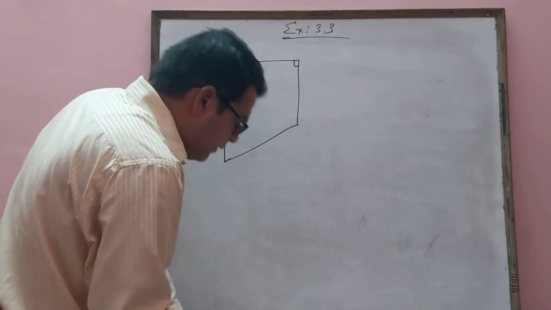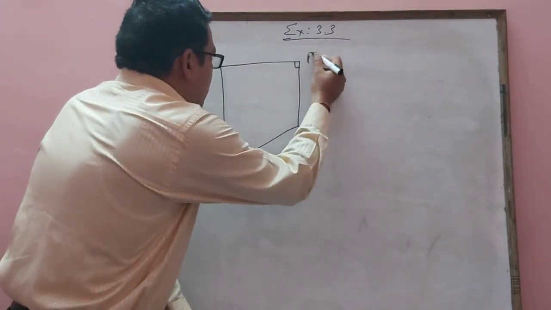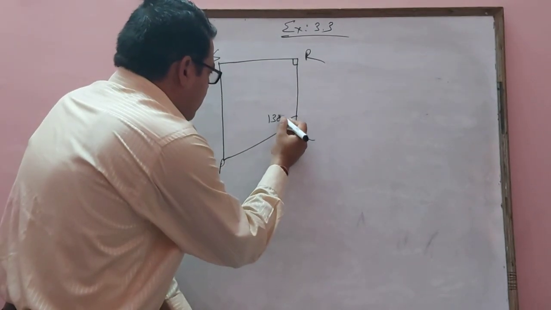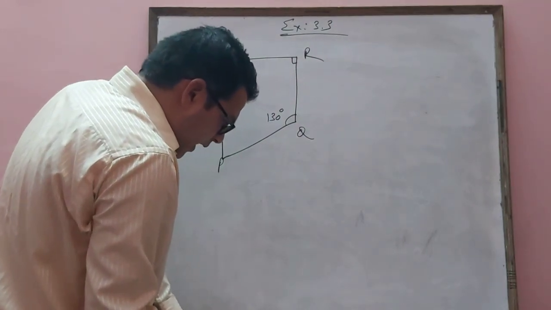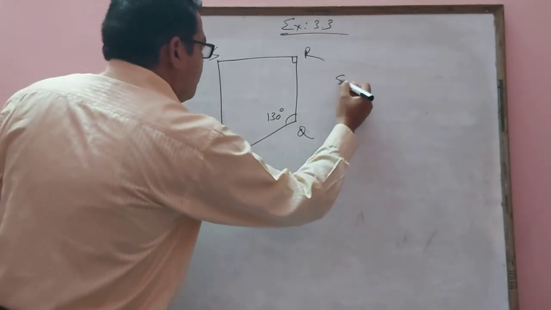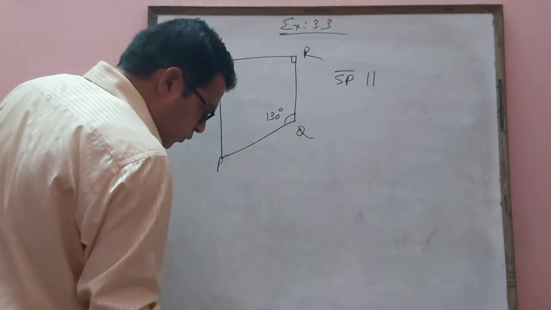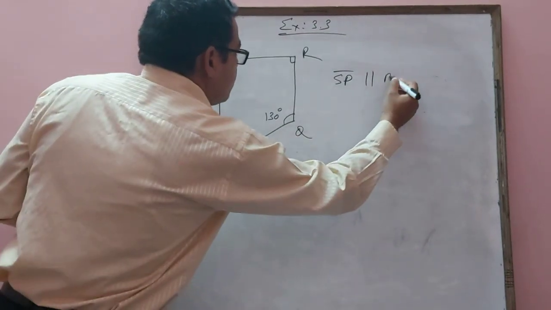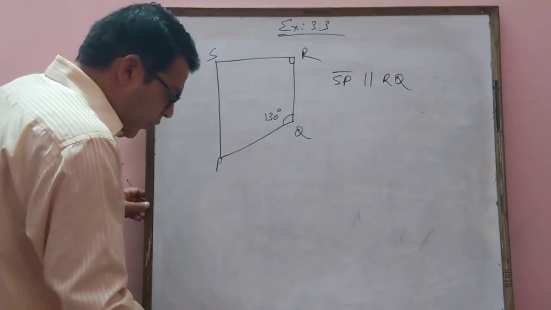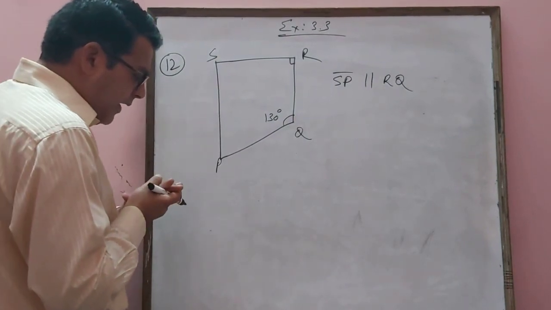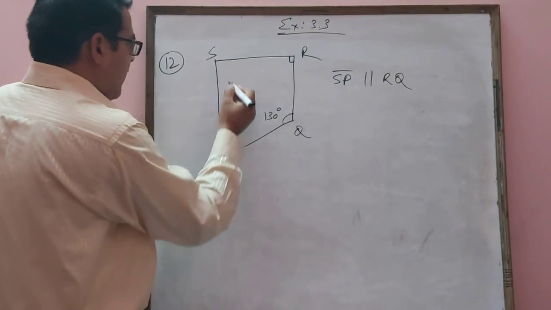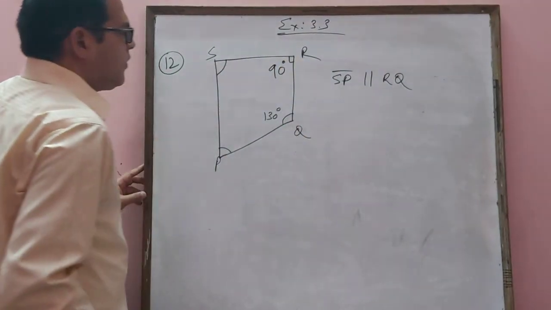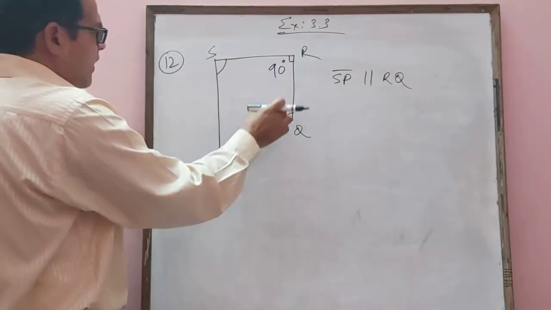This is P, this is Q, this is R, and this is S. And this angle is given 130 degree. Right? And it is given that SP is parallel to RQ. We have to find angle P and angle S. This angle and this angle we have to find. This angle is already given, it is 90 degree, since it is the symbol of a right angle.